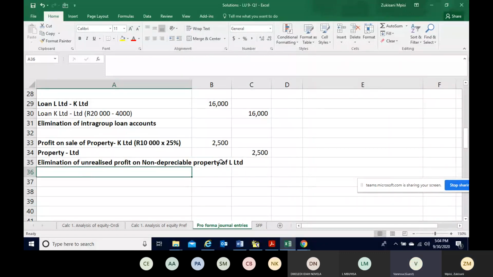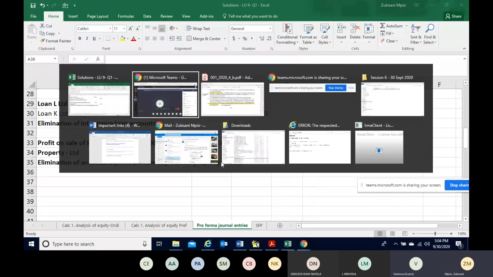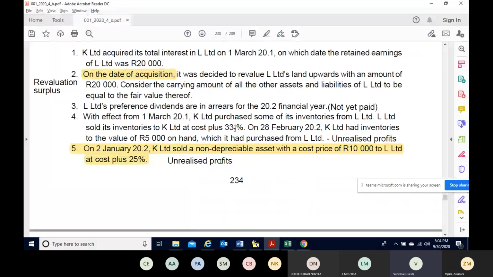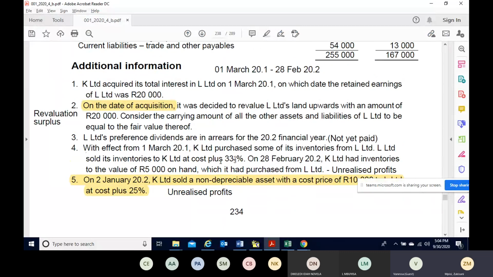It says there that the cost of the asset was 10,000, and then it was sold at cost plus 25%.